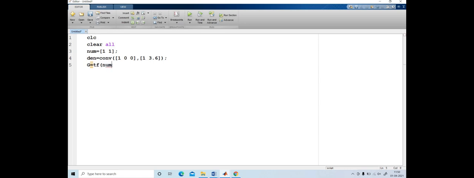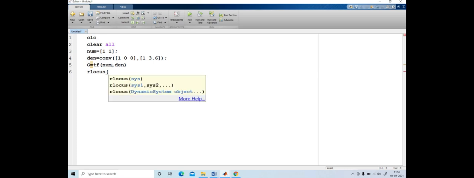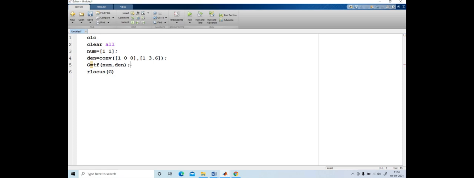Next, the root locus command, rlocus of capital G, with semicolon.